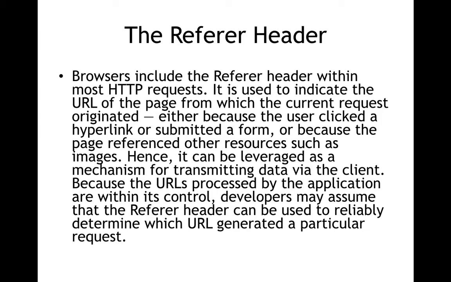The Referer header is included in the request header within most HTTP requests, and it is used to indicate the URL of the page from which the current request originated. For example, consider a mechanism that enables users to reset their password if they have forgotten it.